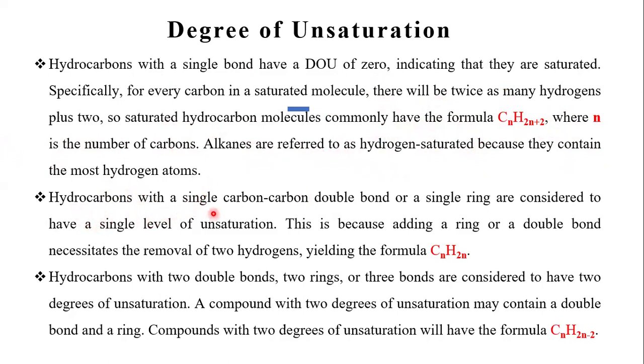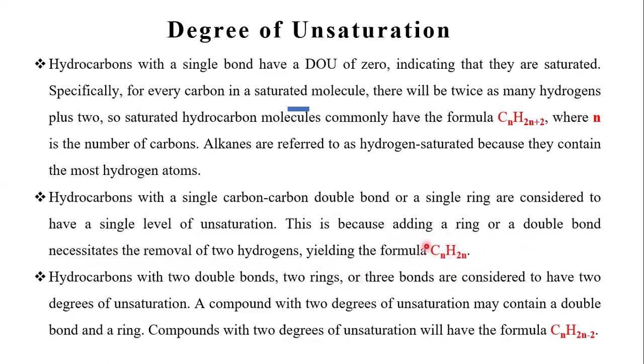Hydrocarbons with a single carbon-carbon double bond or a single ring are considered to have a single level of unsaturation. This is because adding a ring or a double bond necessitates the removal of 2 hydrogens, yielding the formula CnH2n.